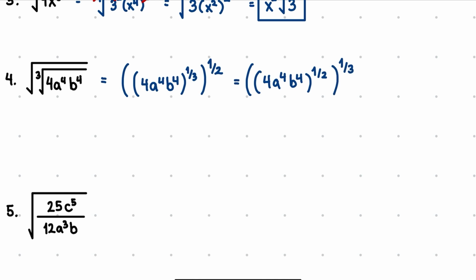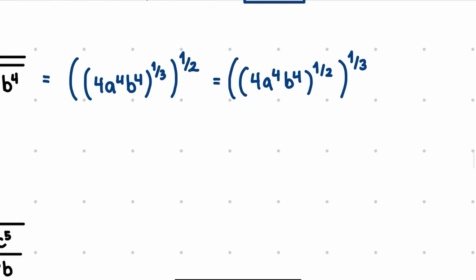Take note that the 1/2 here would actually affect these, since 4 is equal to 2 squared. So if we apply the 1/2 in the exponent, we cancel that one, this one will be 2, this one must be squared, this one must be squared. Not to confuse with the exponent 2.